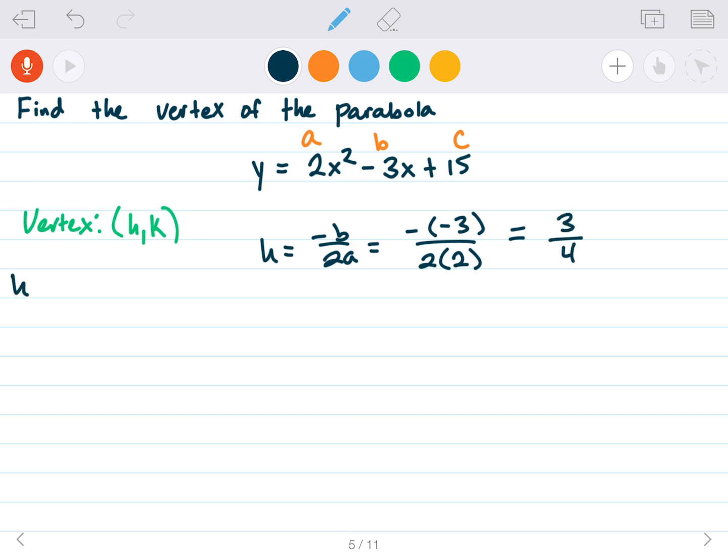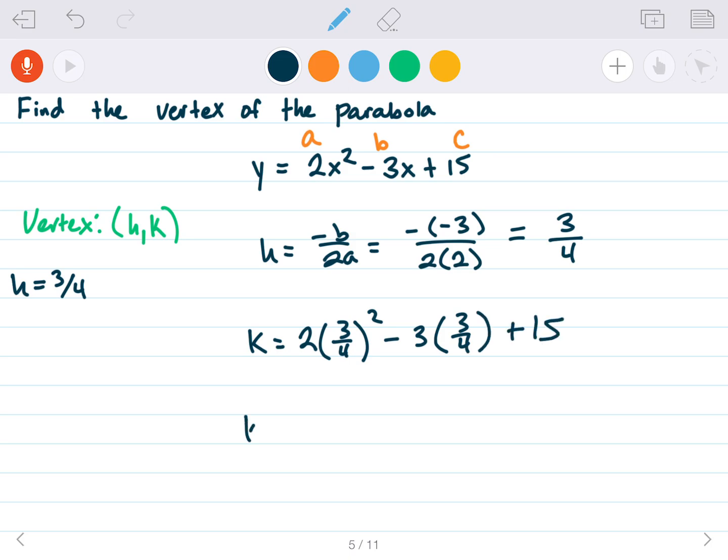So h is equal to 3 over 4, and k is going to be whatever I get when I plug 3 over 4 in my input, in for x. So I get 2 times 3 over 4 squared minus 3 times 3 over 4 plus 15. Now 3 over 4 squared, as we mentioned on the previous slide, is 9 over 16.